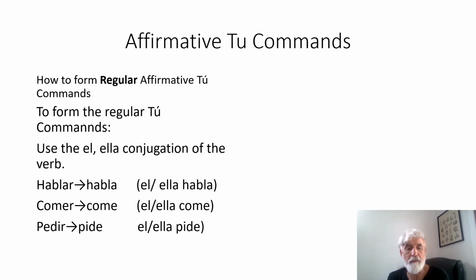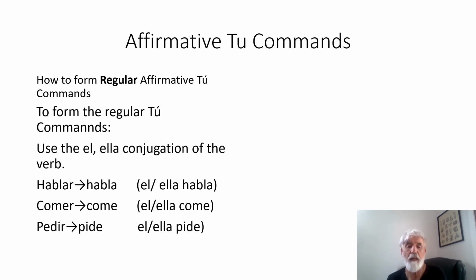Let's take an IR verb, pedir. What is the ella conjugation of pedir? Well, it's a stem changing verb. And if the verb does have a stem change, it's going to manifest itself in the command, right? Because in the ella conjugation of a stem changing verb, there'll always be a stem change.